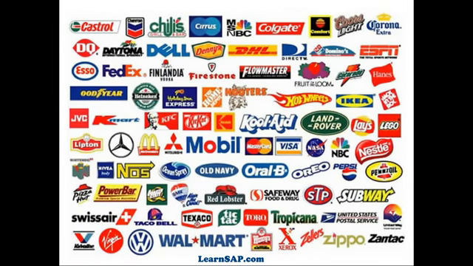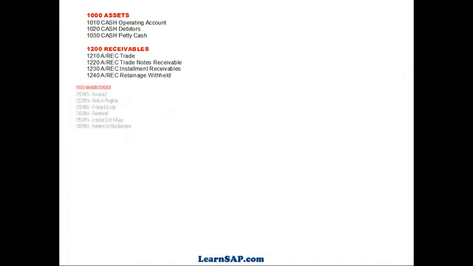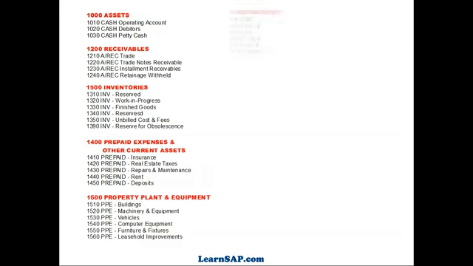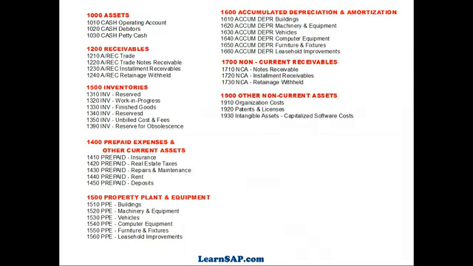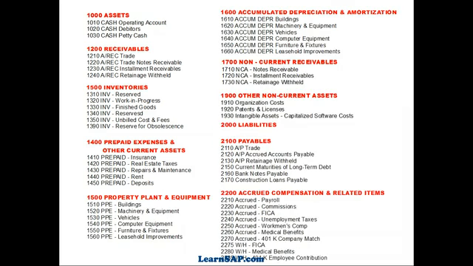Complex businesses may have thousands of accounts and require longer account reference numbers. It is worthwhile to put thought into assigning the account numbers in a logical way. Depending on the size of the company, the chart of accounts may include a few dozen accounts or it may include a few thousand accounts.